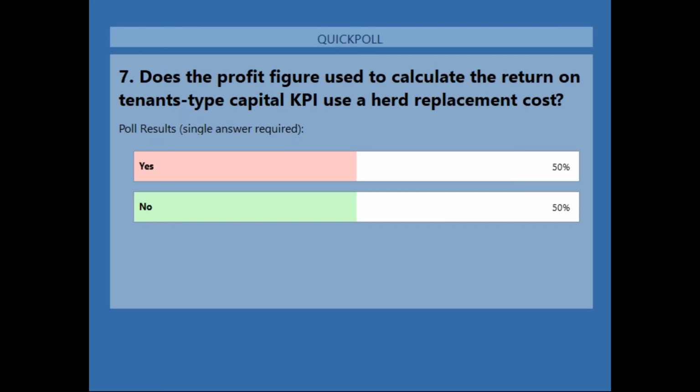So when you're calculating your profit figure for return on tenants capital, that profit figure is using your costs from the whole dairy herd, young stock and the milking cows. So there's no internal transfer of anything because all your costs are already included. So you don't have to put a transfer value on your heifer calves leaving to go into the heifer rearing unit, for example, and then those heifers coming back into the dairy herd, because you've got all your costs there already.